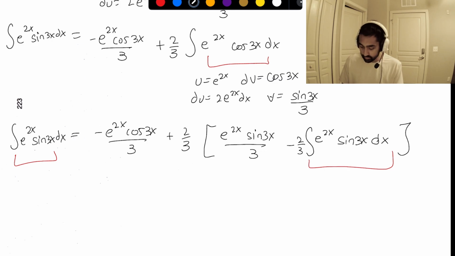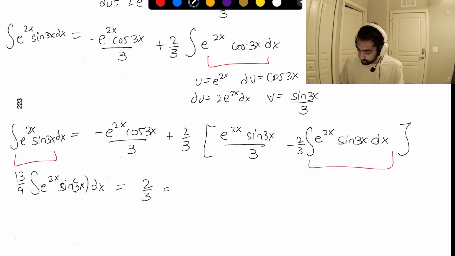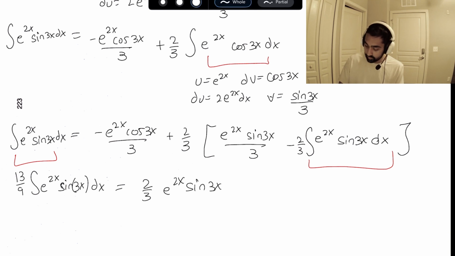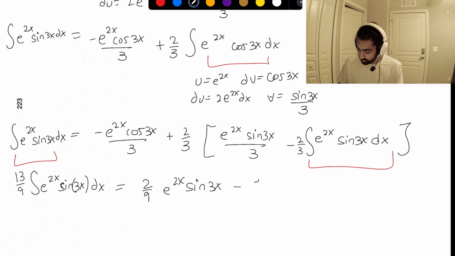Bringing all that to the other side, I get 13 over 9 times the integral of e to the 2x sine 3x dx is equal to 2 over 9 e to the 2x sine 3x minus e to the 2x cosine 3x over 3, and then I'm going to add plus c.